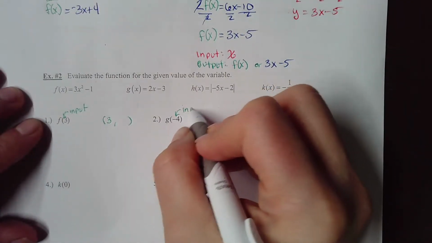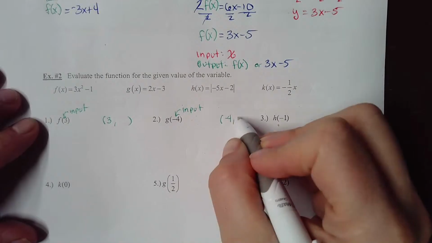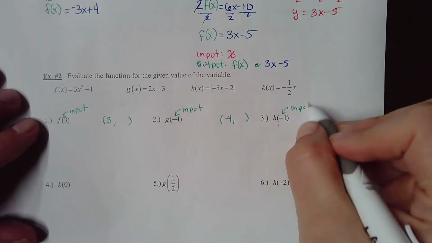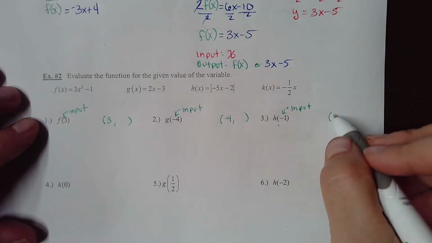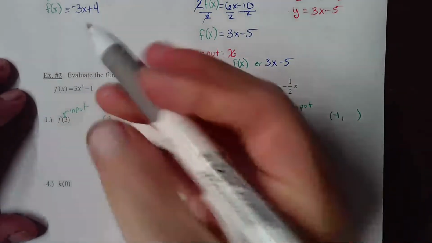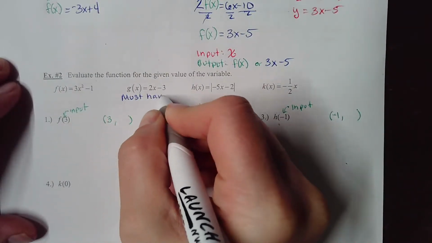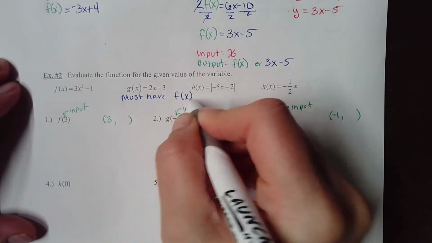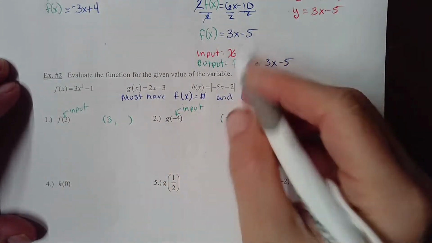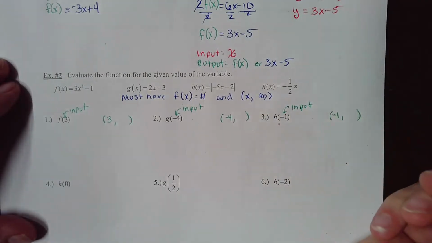This -4 is an input, which is going to give me an answer, -4 comma something. This is an input. It's going to give me -1 comma something. You will need 2 parts of your answer: the f at x equals the number, and the coordinate, whatever your input is, whatever your output is.